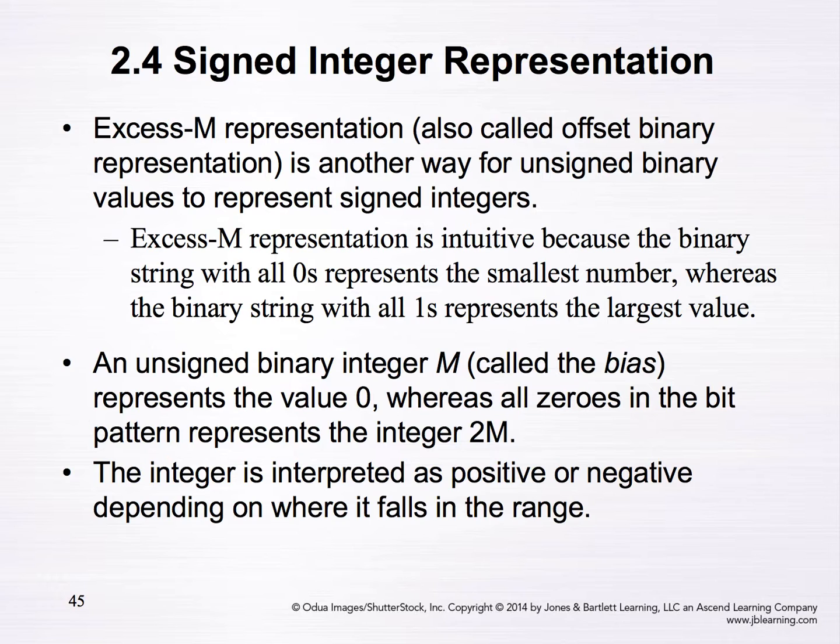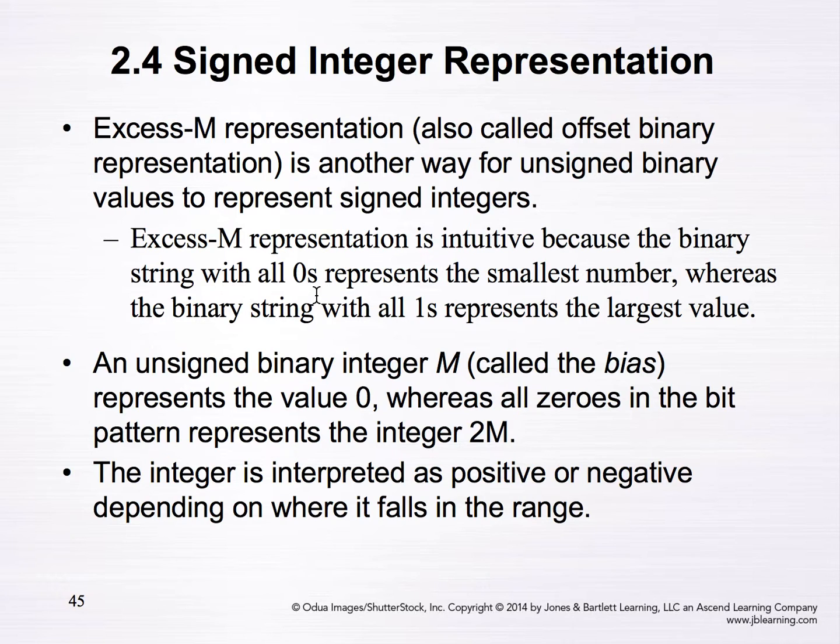We also have another way to represent numbers, which we call excess-M. That's a representation where an unsigned binary value is used to represent a signed integer. The excess-M representation is intuitive because the binary string with all 0s represents the smallest number, whereas the binary string with all 1s represents the largest number.